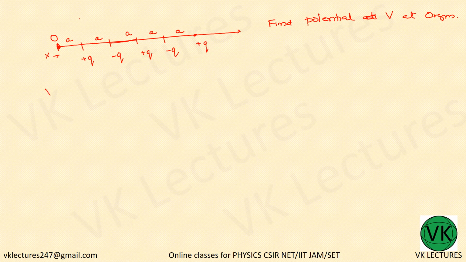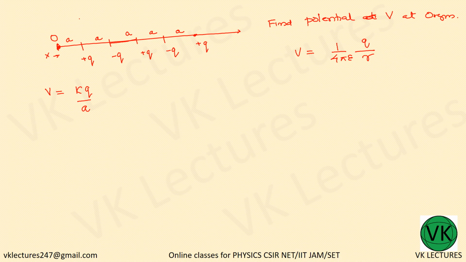Now the formula: V is equal to kq divided by a due to the first charge, or let me write V is equal to 1 by 4 pi epsilon into q divided by r.